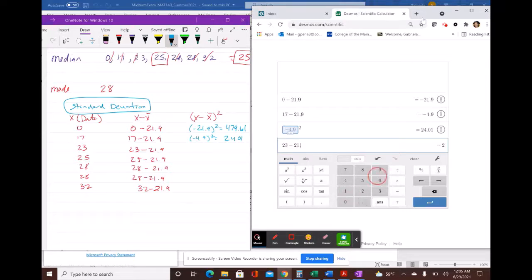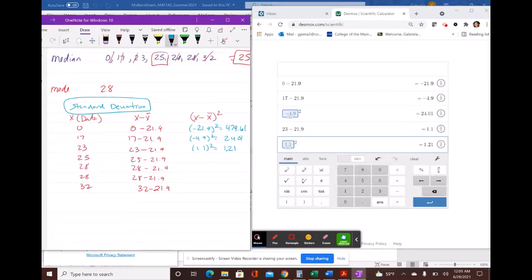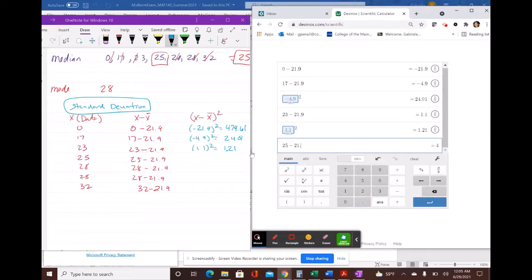23 minus 21.9 is 1.1. We square it. The answer squared is 1.21. 25 minus 21.9 is 3.1, and 3.1 squared is 9.61.